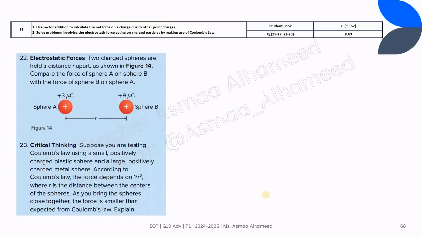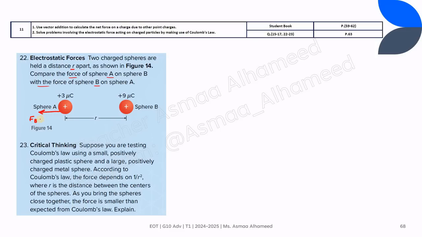Moving on. Electrostatic force. You have two charged spheres held at a distance r apart as shown in the figure. Compare the force of sphere A on sphere B with the force of sphere B on sphere A. Like we said, this will be repelled to the left by which force?